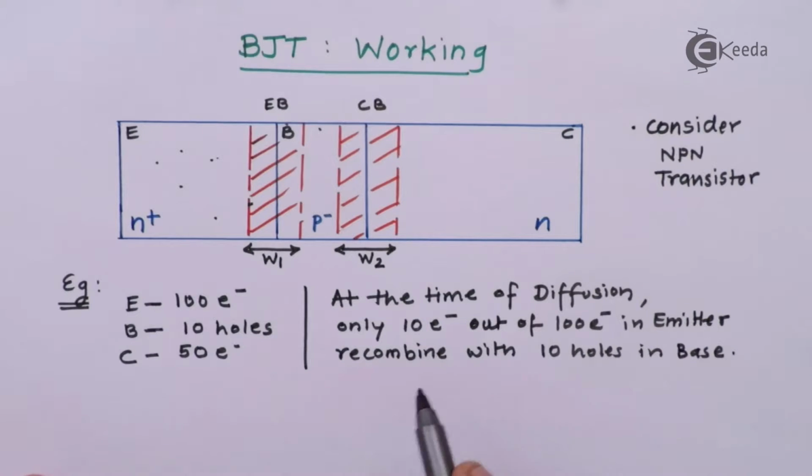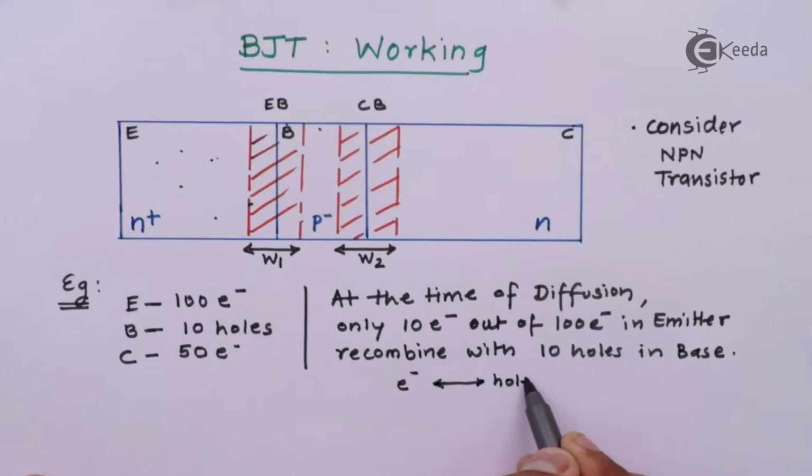So electrons in the emitter and holes in the base will get recombined, but only 10 electrons in the emitter and 10 holes in the base will recombine. But keep in mind that all the electrons are trying to move towards the base region.